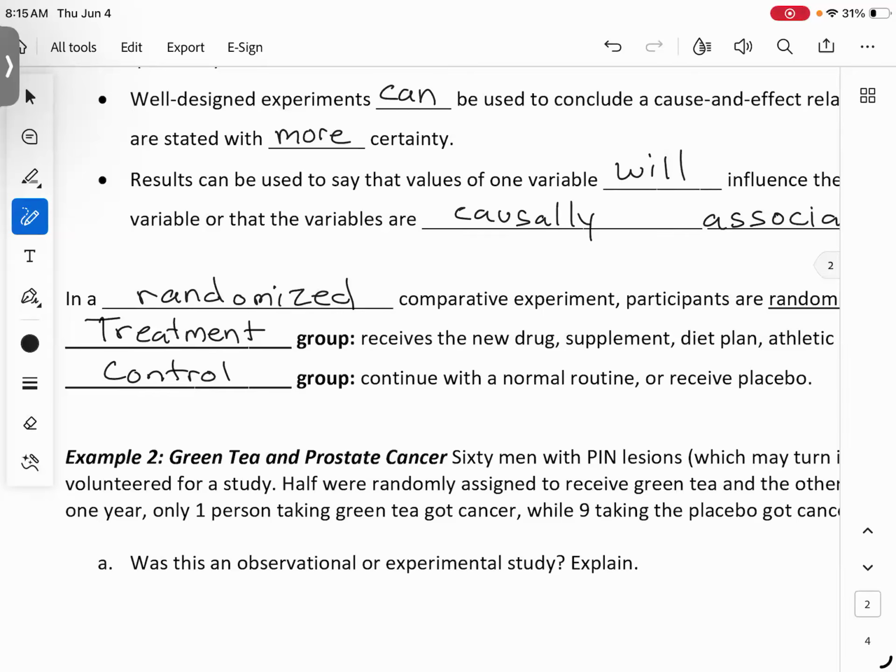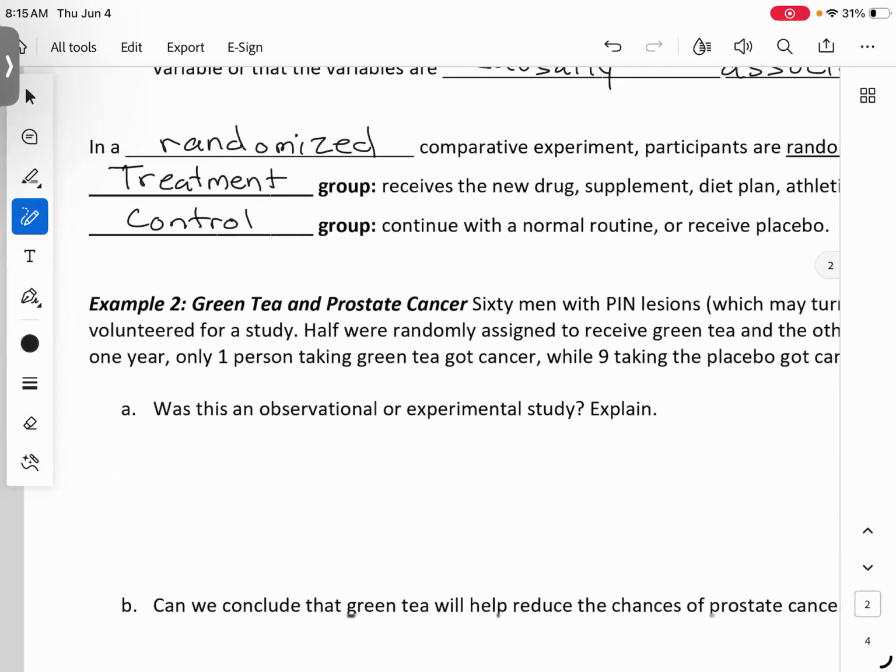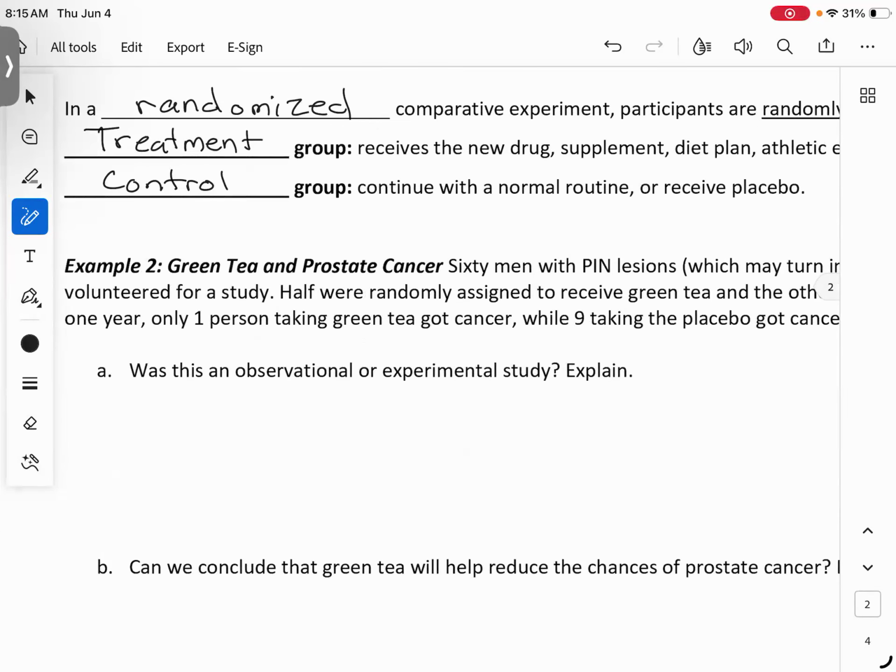Maybe there's some special app you just designed to help them study. You're going to have them do that, and the other group just does whatever they regularly do. But if it's something like a medical study where they're ingesting something, then for the other group you still need to give them something, usually a placebo, and that's what they did in this example I have for you of a randomized comparative experiment.